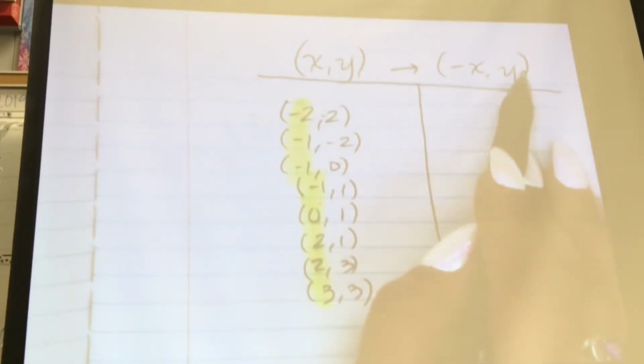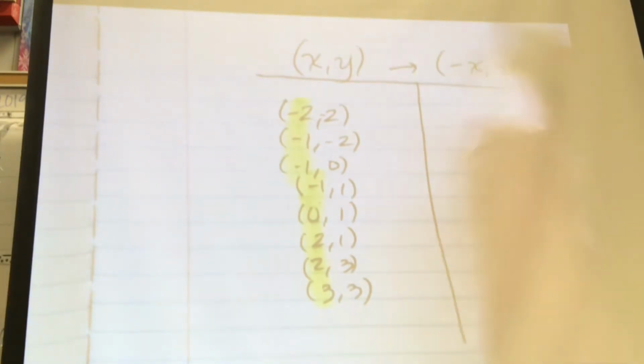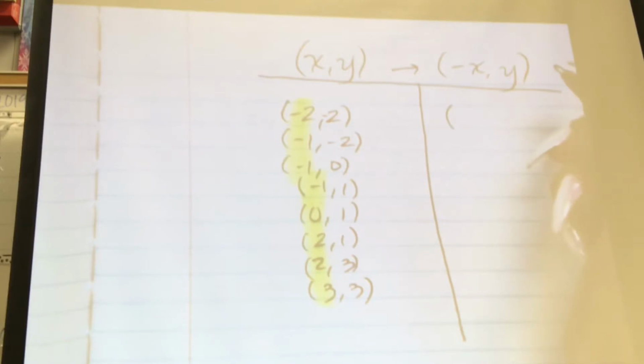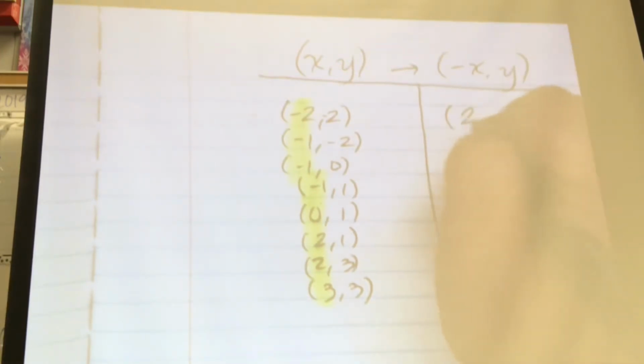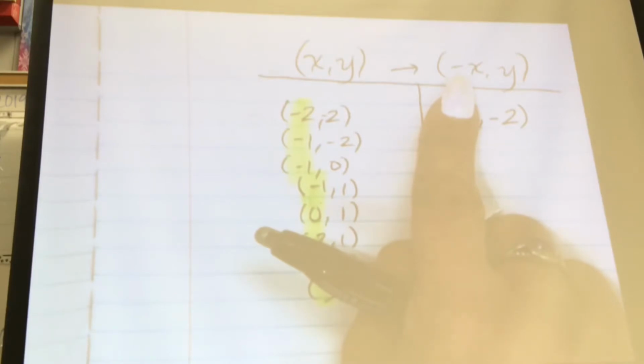Help me out, please. Let's start with seat A. What is the new point that it is going to be translated to? Very good, (2, -2). Jaden, why is that 2 positive now? Why did it change? Because it's now a negative x, or the opposite.